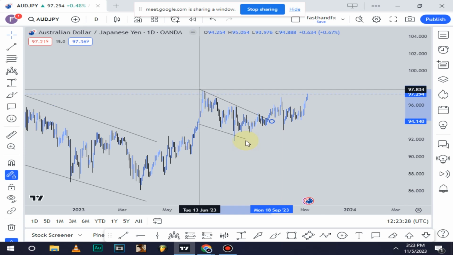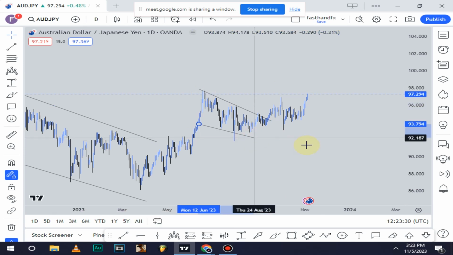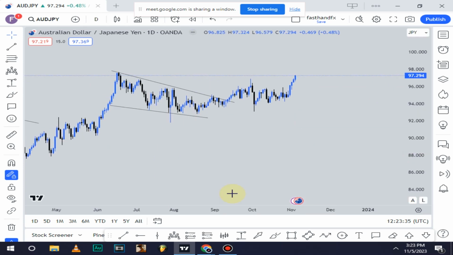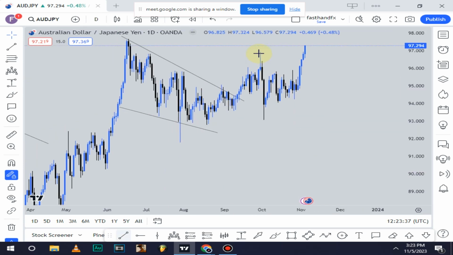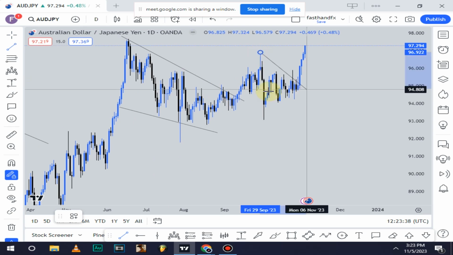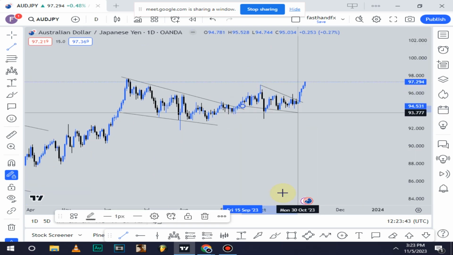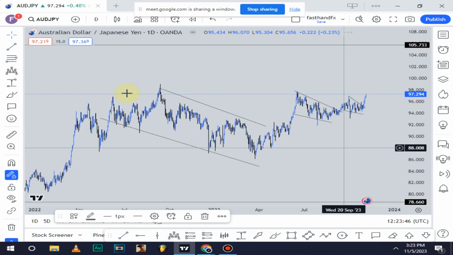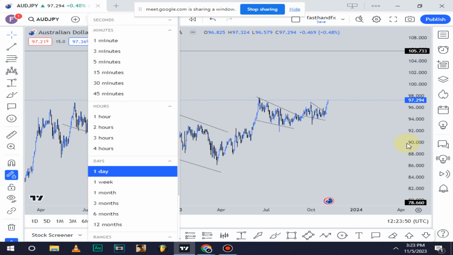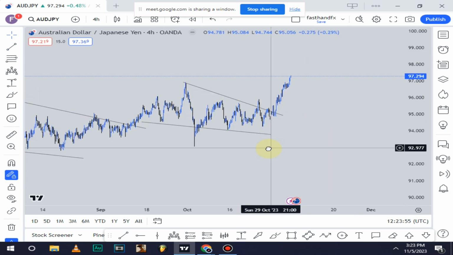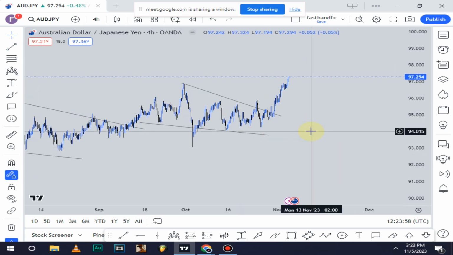It broke. Guys, this is crazy. Yes, it's broken and it's going to the moon.